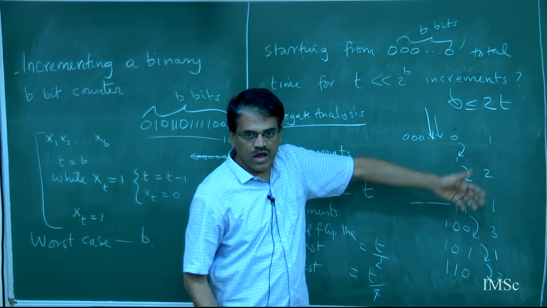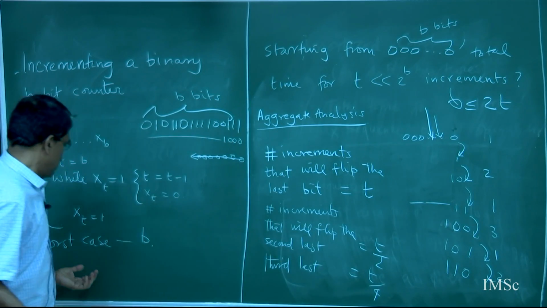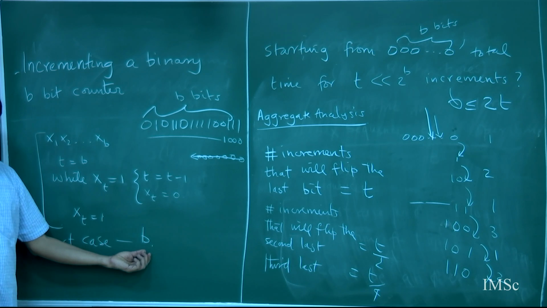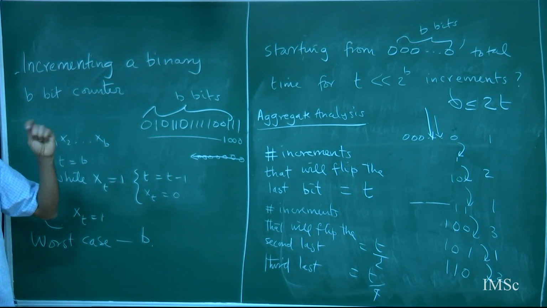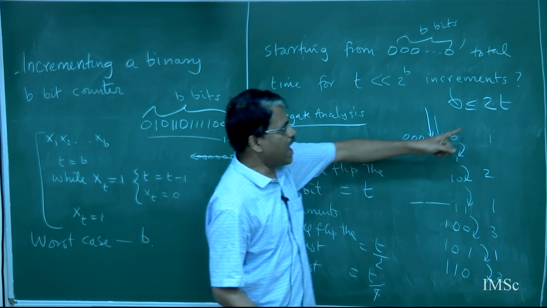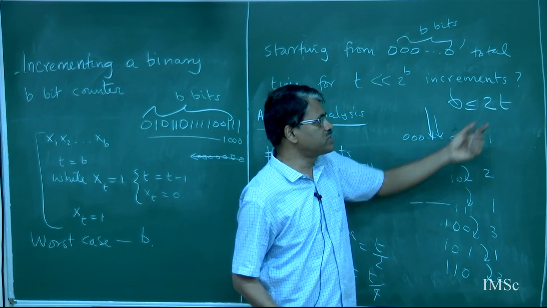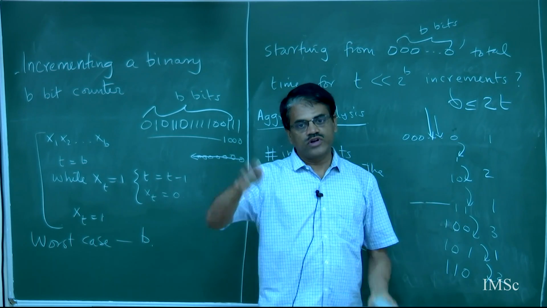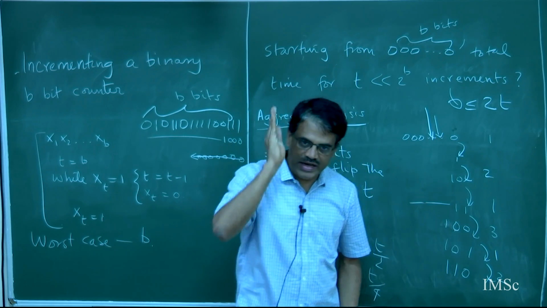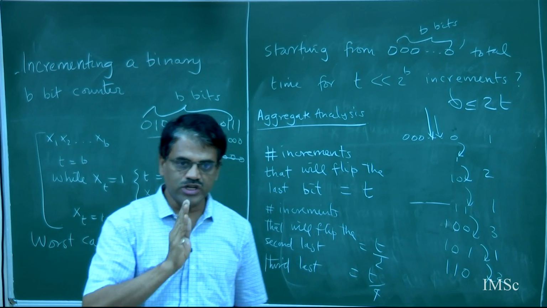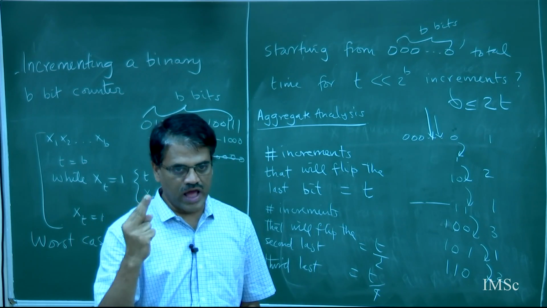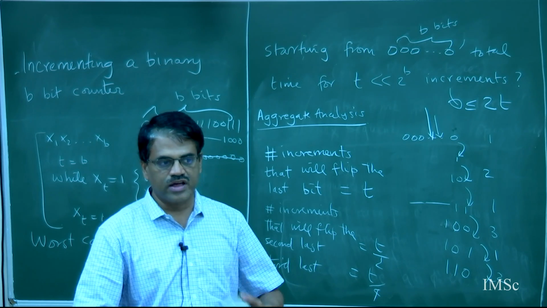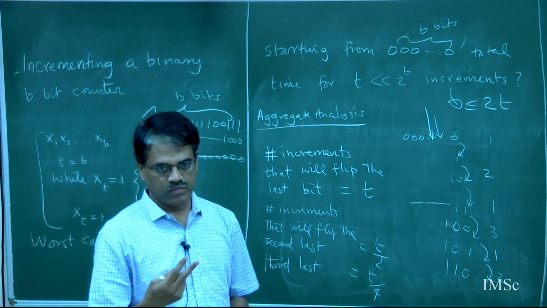So what we have seen is that even though the worst case is B, the amortized cost is the average over any sequence, so it's 2. The total time for a sequence of T operations is not T times B, but it is actually T times 2. So the amortized cost of an increment is 2. Okay?